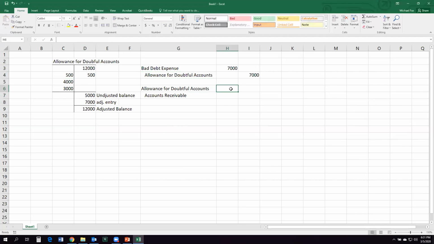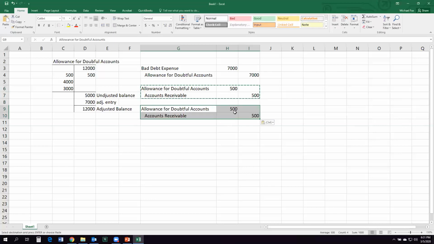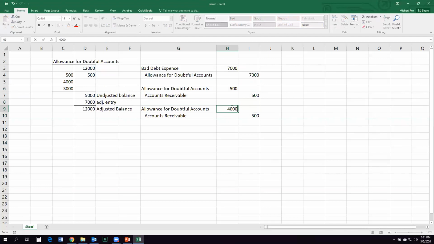When that person couldn't pay us, when we decide they're not going to pay us 500 and we write off their debt, that's what it looks like. And then when the next customer, we write off their debt, and so forth. Oh, so we debit it upon the write-off. Okay, now it's making more sense.